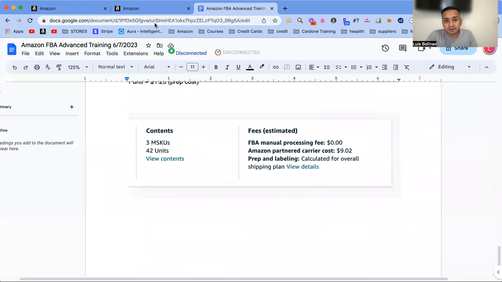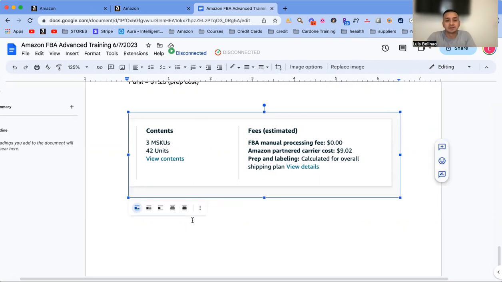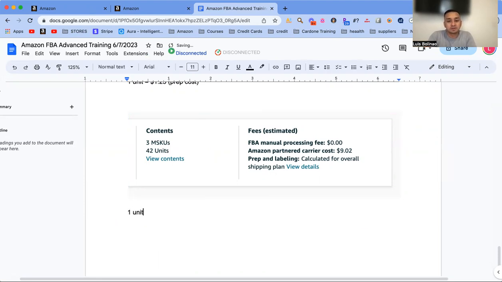So now you take this number and you divide it by the number of units. $9.02 divided by 42 units is 21 cents per unit. So that's your Amazon shipping fee.